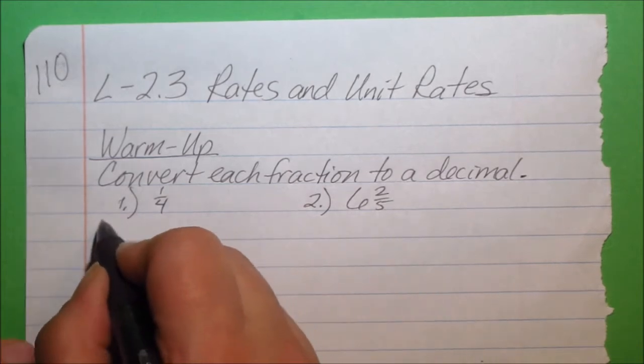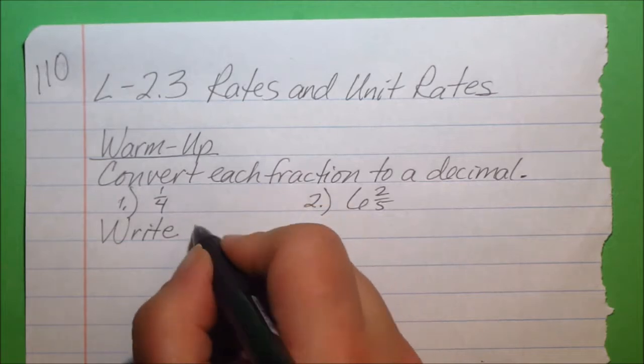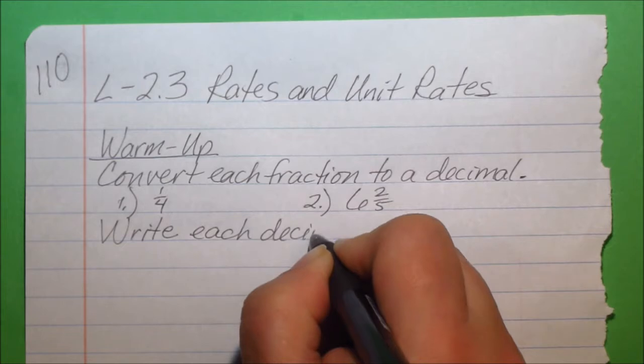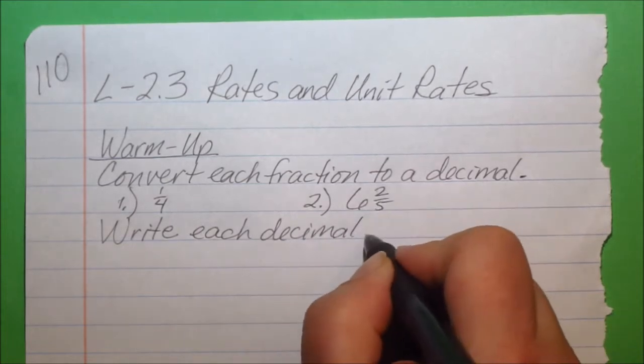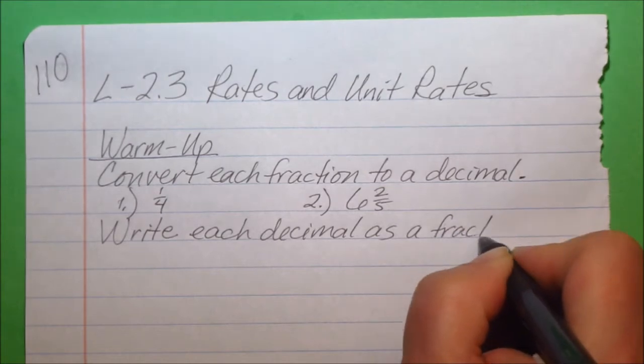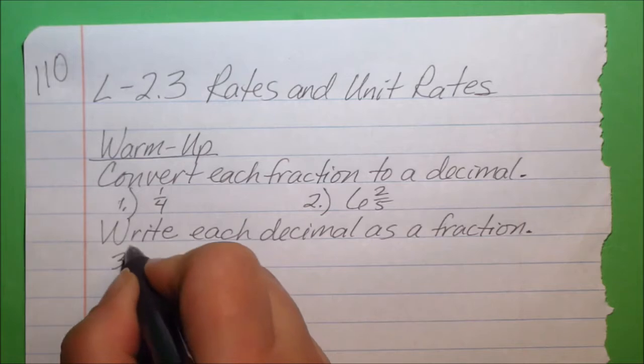And then the next one is write each decimal as a fraction. Write each decimal as a fraction. And that's number 3.